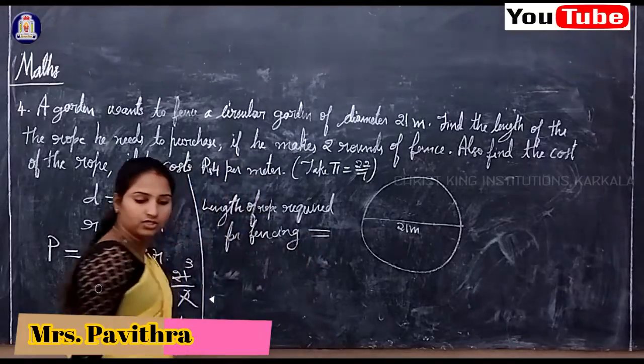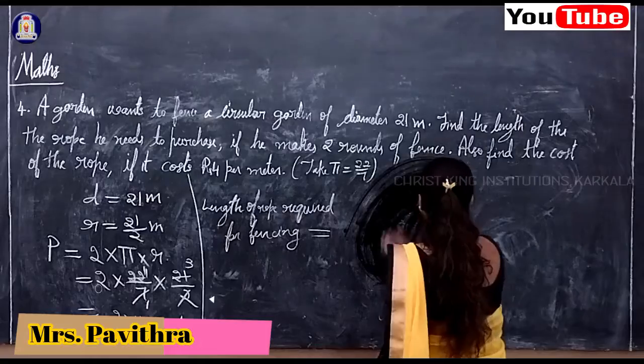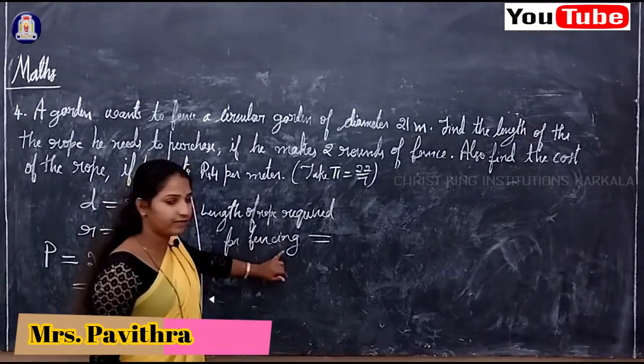So we find how many times he wants to go around it: 2 rounds. Now we want to find the length of rope required for fencing.